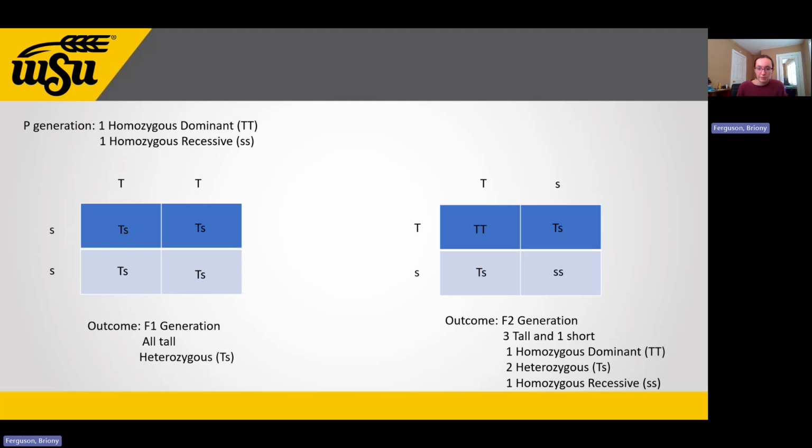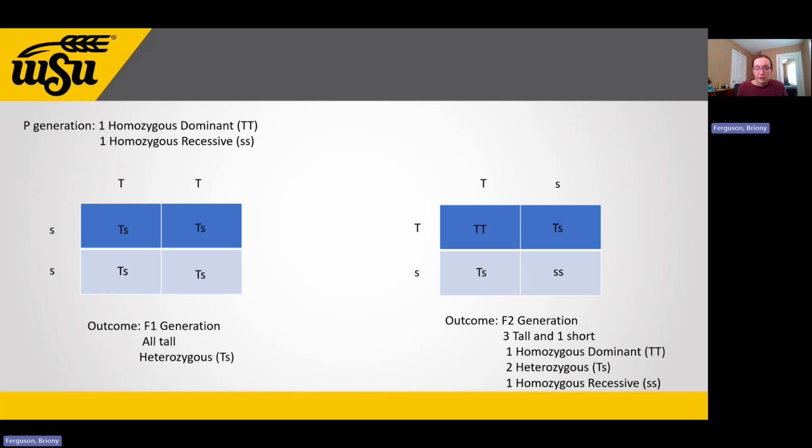This right here, that is your phenotypic ratio, and it's going to be 3 to 1. This might be kind of confusing because obviously there are not 3 of the same genotype. But whenever you're doing phenotypic ratios, you don't really care what the genotypes are. You care what they are coding for, what we can actually see.